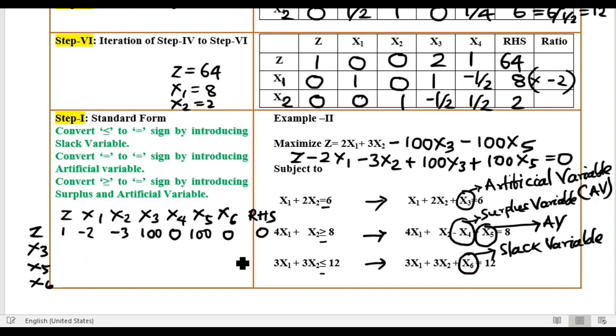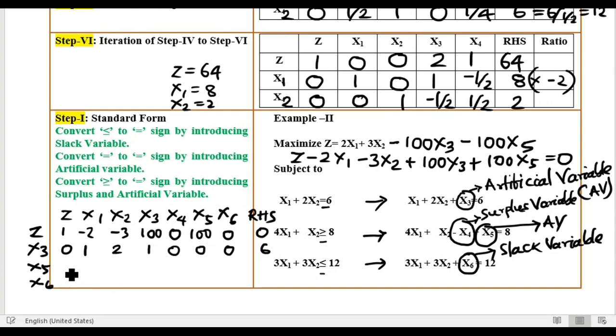And for the x3 row, I'll write z equal to 0, x1 is 1, x2 is 2, x3 is 1, and then for the other values x4, x5, x6, 0, and this one would be 6.